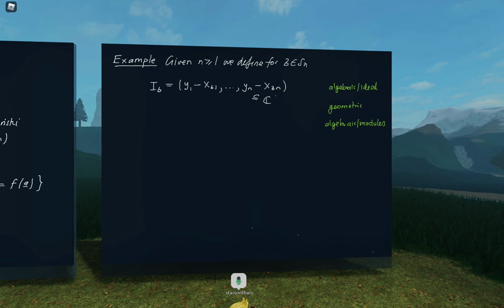So that's an ideal in the polynomial ring in 2n variables. The actual graph itself, which is the set of 2n complex numbers that make all of those equations 0, that is V of I sigma. That's, remember, means the vanishing locus.